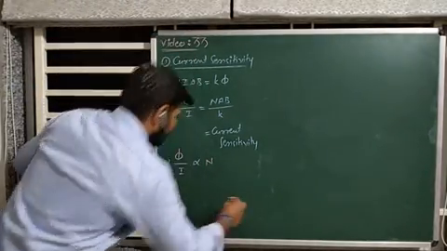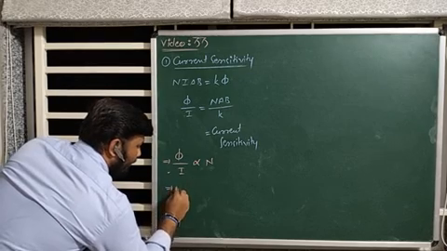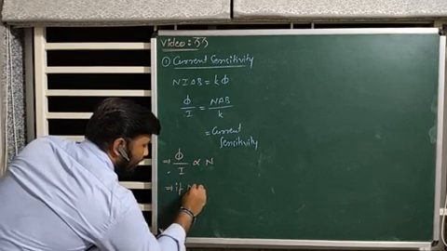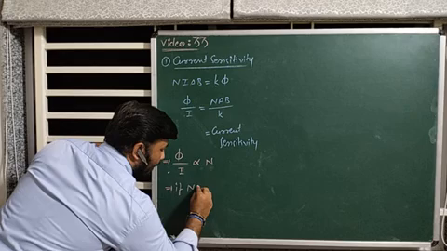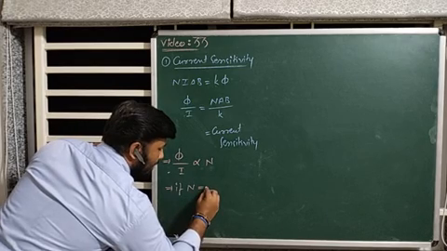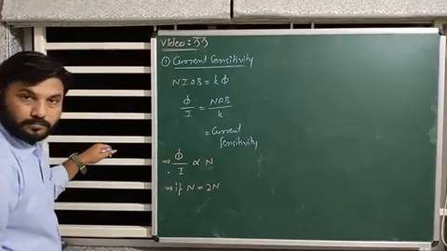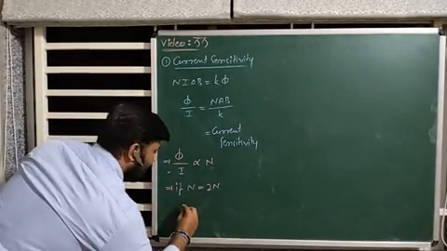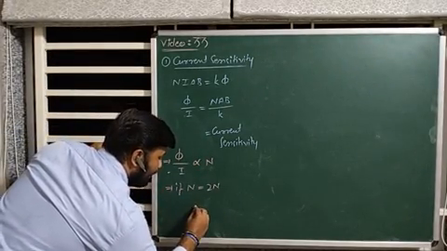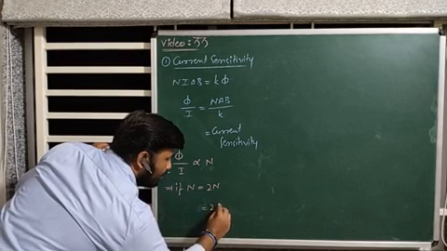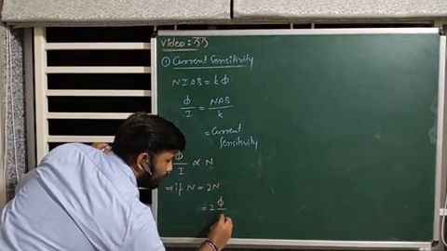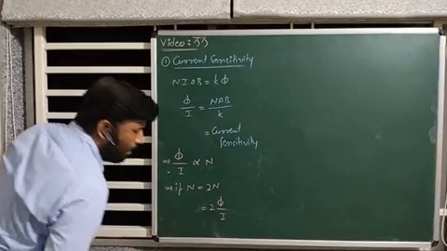Suppose the number of turns becomes double, then current sensitivity also becomes double.